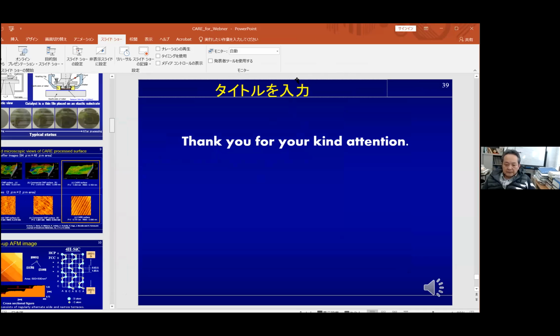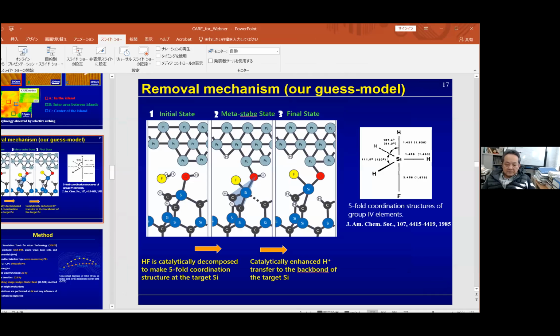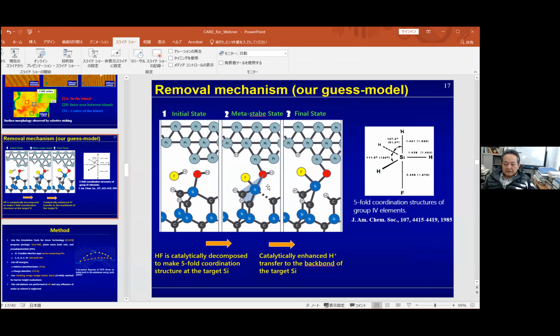Yeah, this one. So the reaction from here to here. Yes. The HF molecule has a very strong binding energy, so the dissociation is very difficult, as you can imagine.